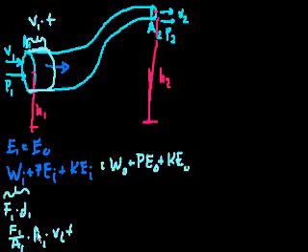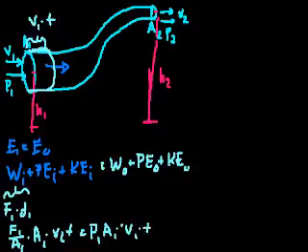So the work input is equal to the input pressure, times the input area, times the input velocity, times time, right?